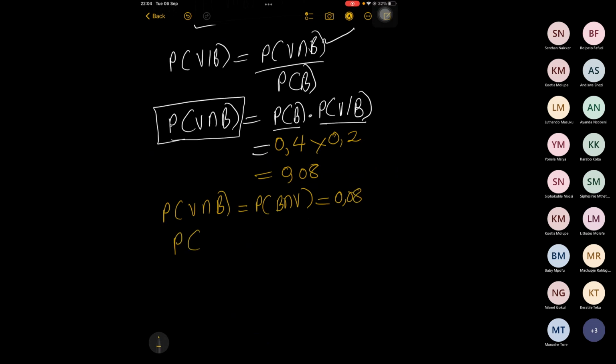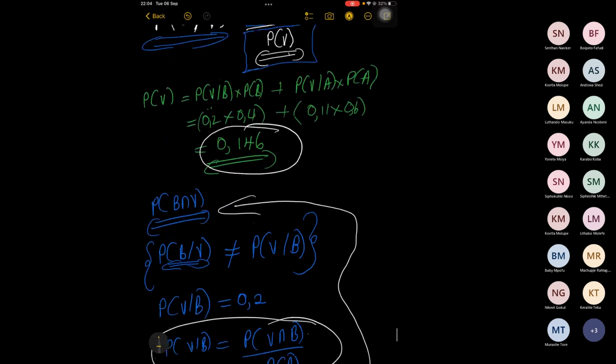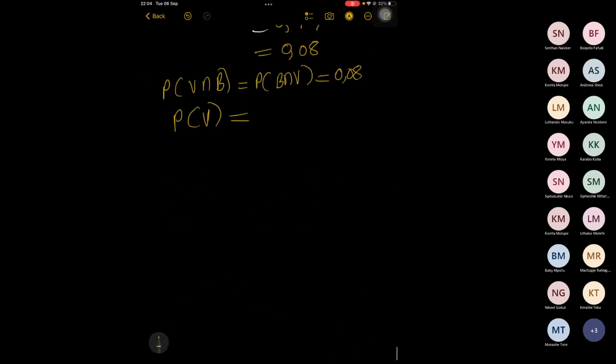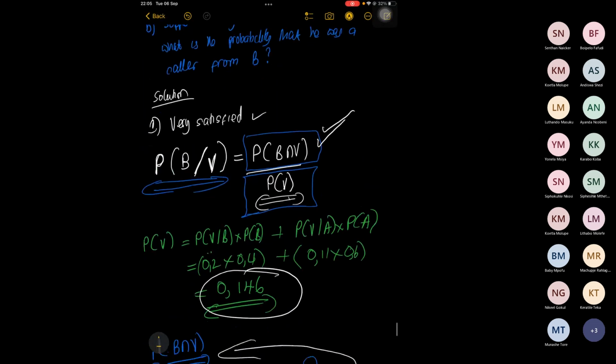Then probability of V, we had already calculated it there. We say the probability of V is 0.146. Now, the question, as it asked us when we modeled it here, was what is the probability of B given V?